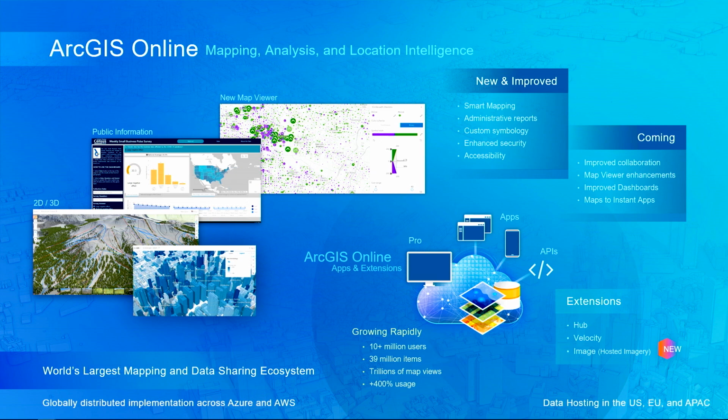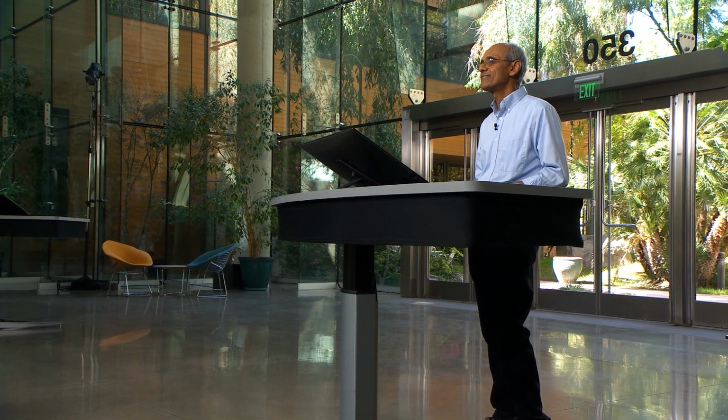Coming in the next release in April are significant enhancements to collaboration and sharing between partnering organizations. The new map view also comes to the fore, exiting beta, as well as the new and improved dashboard. ArcGIS Online also has a number of key extensions, including Hub, ArcGIS Velocity, and ArcGIS Image for imagery, remote sensing, and raster GIS. And that's something that we're introducing in 2021.